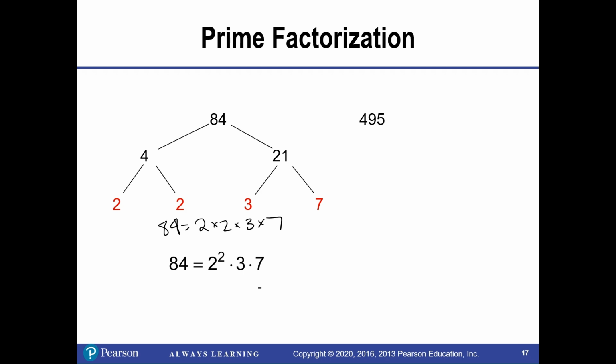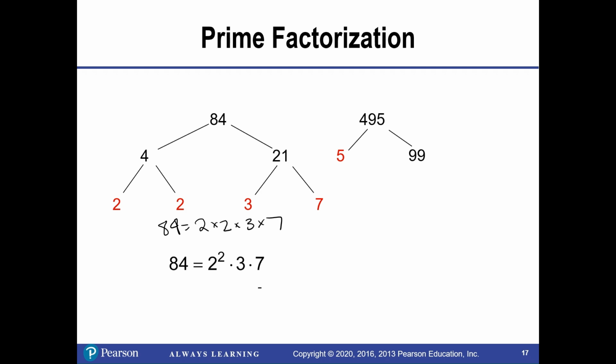I can do the same thing to find the prime factorization of 495. So I know immediately that 495 is divisible by 5 because it ends in a 5 or a 0. So if I say, all right, 495 is divisible by 5, and I divide into 495, the result of that is 99.